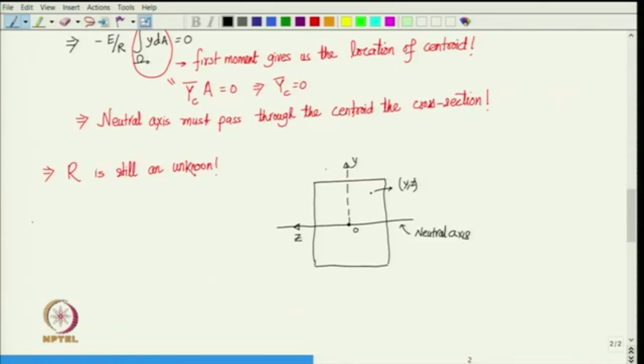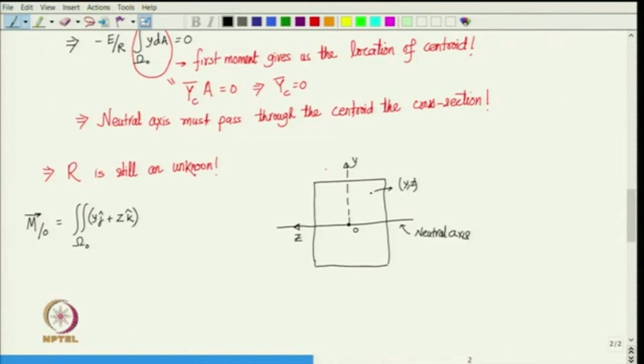Okay. So, what is the moment about the origin of the cross section? So, that is the integration over the cross section, and then the arm, any point in the cross section has got its position vector y j plus z k.